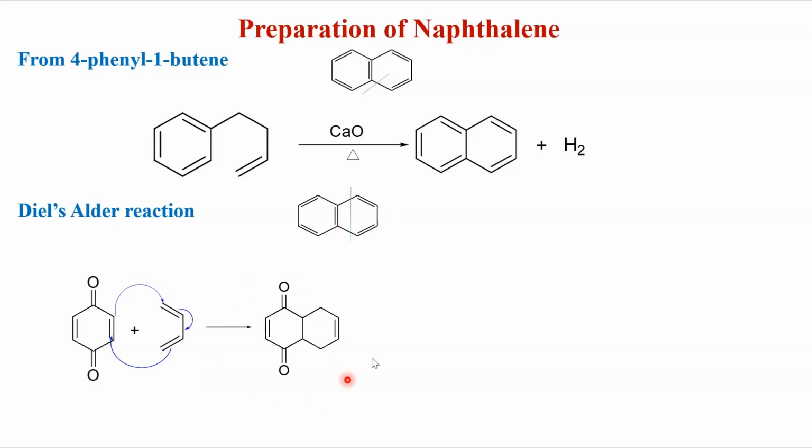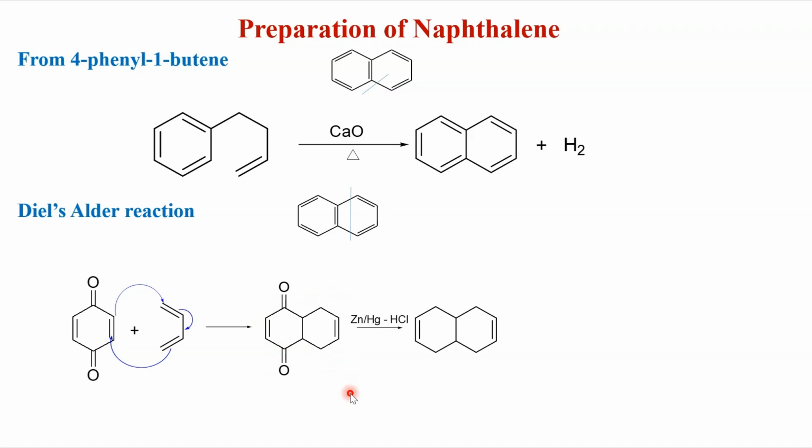And I got the naphthoquinone type of structure. The carbonyl I have to reduce. How to reduce the carbonyl group? I can use a reducing agent like zinc amalgam and HCl.